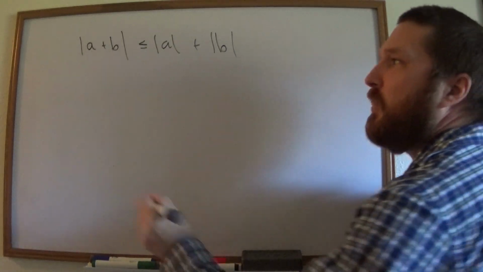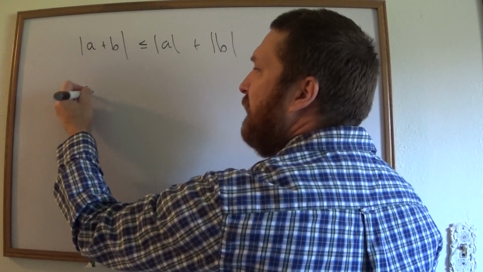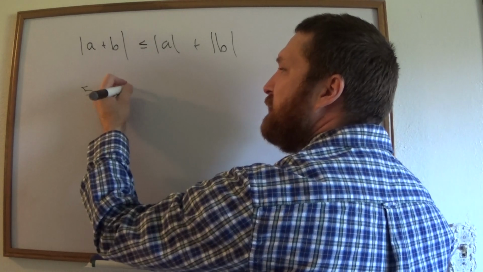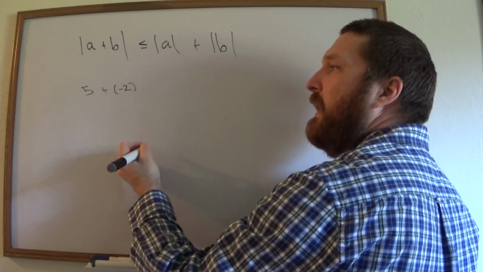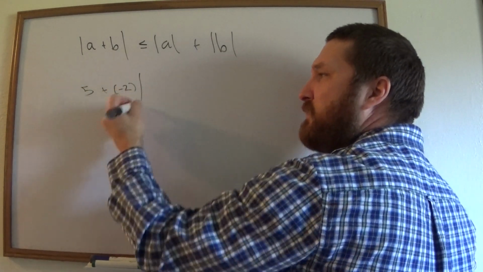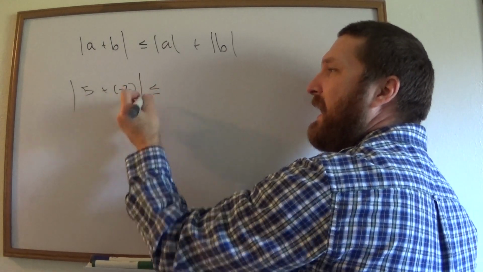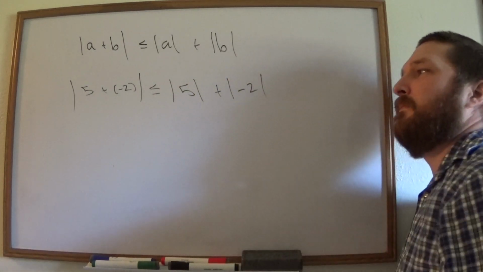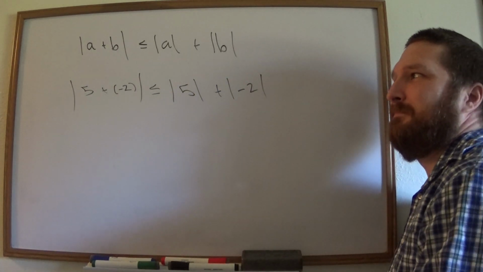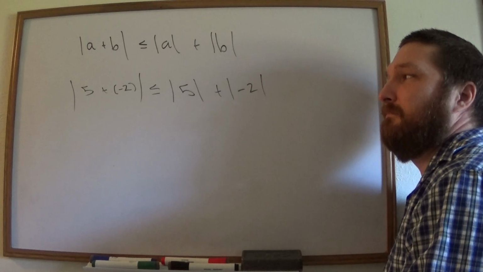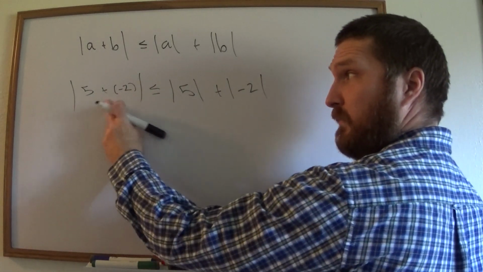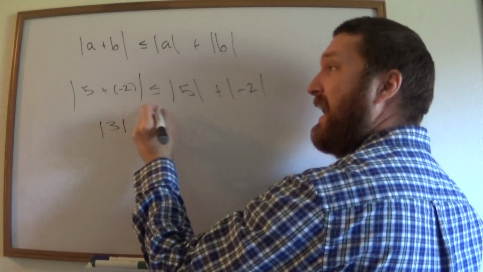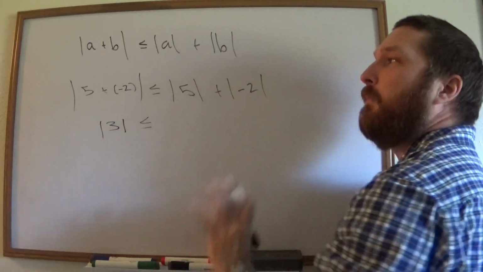So you might have a 5 plus a negative 2. And all this says is that if you take the absolute value of that, it has to be less than or equal to the sum of the absolute values of each of them. Well, wouldn't it always be equal to that? Wait, is this equal? Oh wait, no, it's not.